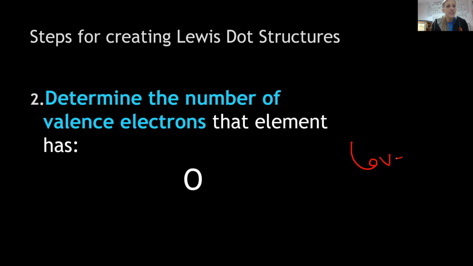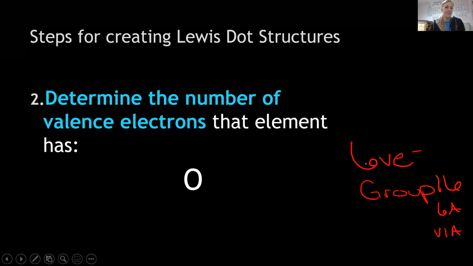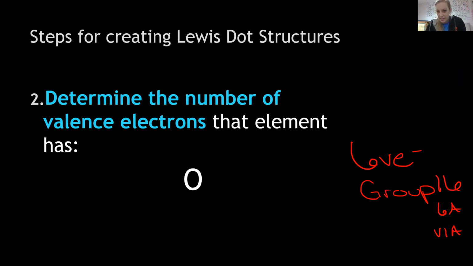Yes, it has 6 valence electrons. How did you know? Because it's in the group. Yep, group vertical is 16. It's in group 16 or 6A, right? So it's 6 valence electrons. Beautiful. Thank you, Audrey. That was good.